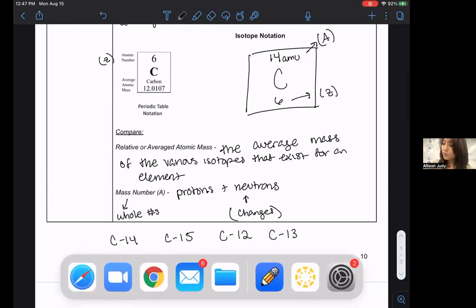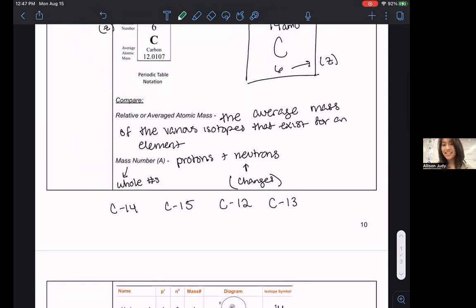Now, quickly, what is this notation that I just wrote, this shorthand of all these various isotopes of carbon? We call this isotope name notation, where we write the name of the element or the symbol, and with a dash, we specify its mass number. Again, because what we care about with isotopes is the change in neutron count, which therefore changes the whole number mass number.